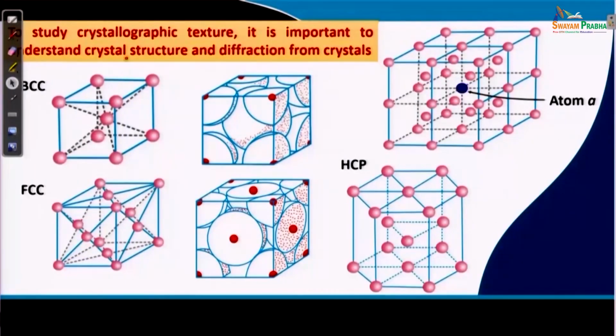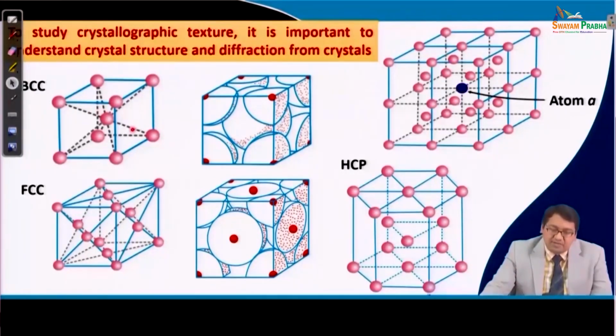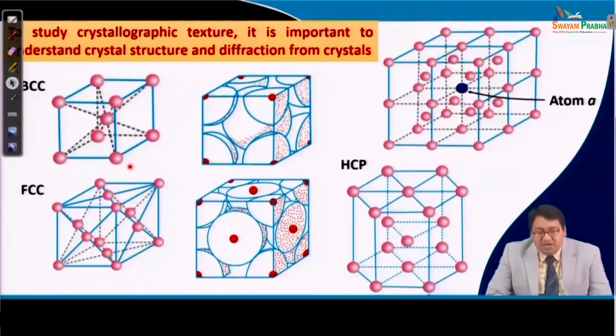Here we mostly deal with metals and alloys, and of course, with materials such as semiconductors and minerals and ceramics etc., but most of the time when we deal with metallurgy it is with metallic materials, and these are usually body centered cubic, face centered cubic or hexagonal close packed materials.